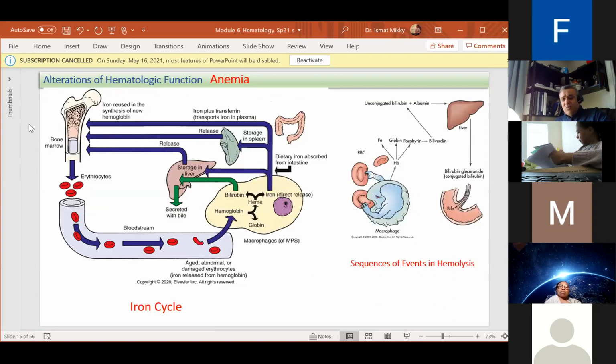The previous slide is an important slide because it provides an explanation about the process of the destruction of the RBC. When the red blood cell is destroyed, it will disintegrate and release its content: iron, and then the heme, and then the bilirubin.